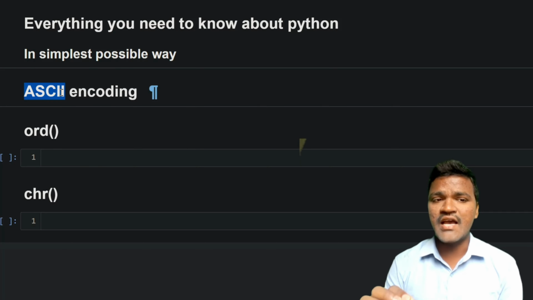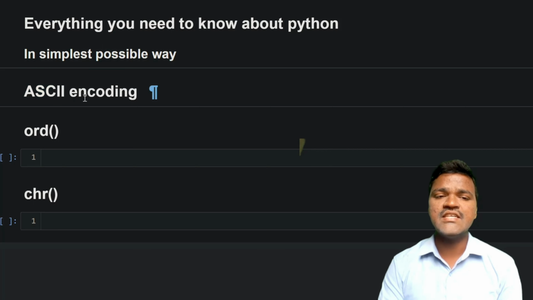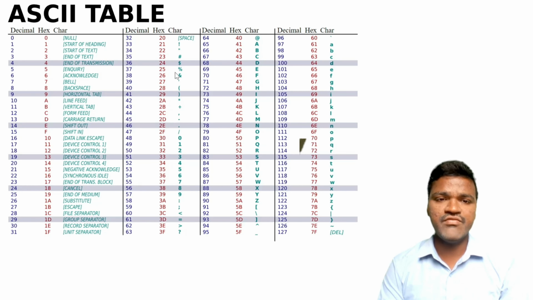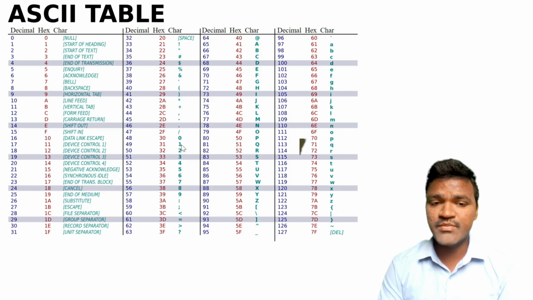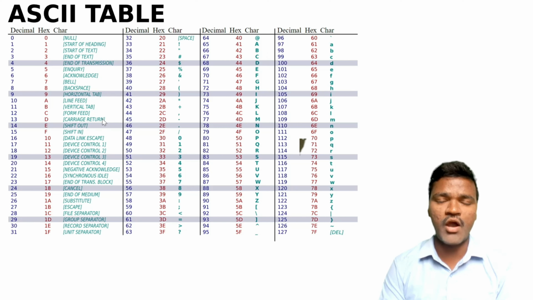ASCII means American Standard Code for Information Interchange, which is used to encode the characters that we have in alphabets. We have these many special characters, these many decimals, and these many alphabets in uppercase and lowercase, right? Apart from that, we have some special cases.